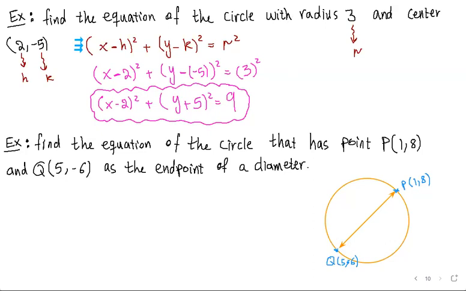So Angel said we can use the midpoint formula for the center and the distance formula for the radius. Yes, to find the equation of this circle, I need the center and I need the radius. I need the center M, the midpoint between this and this, and I need the radius R. So first thing I have to find the center.